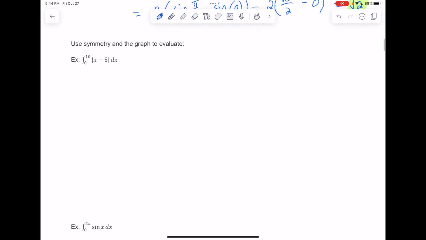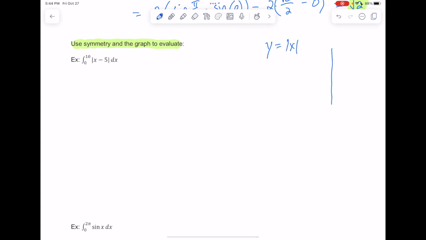All right, next example. No symmetric bounds, right? We're looking at the integral from 0 to 10 of the absolute value of x minus 5. And yet it still says use symmetry to evaluate. So let's think about where the symmetry is and how we could take advantage of that. Let's start off by thinking about a simpler version of this function, which would be y equals the absolute value of x.